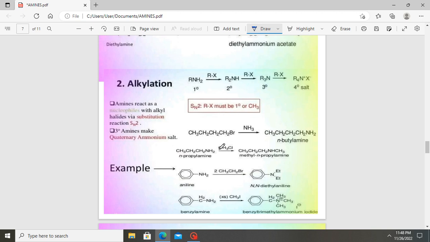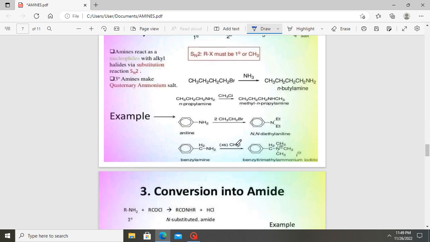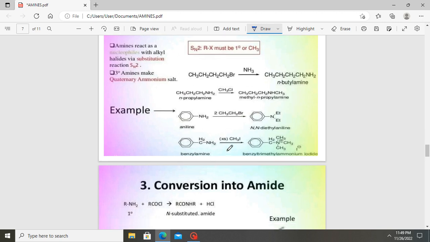Here we can see that this ethyl portion replaces one of the hydrogens to form a secondary amine. Similar to this reaction, when aniline reacts with 2 moles of ethyl halide, two hydrogens will be replaced by the ethyl. In the same way, if you have excess methyl iodide, you can have a butyl trimethyl ammonium iodide. That is, there is going to be a sequential and repeated reaction in this case.